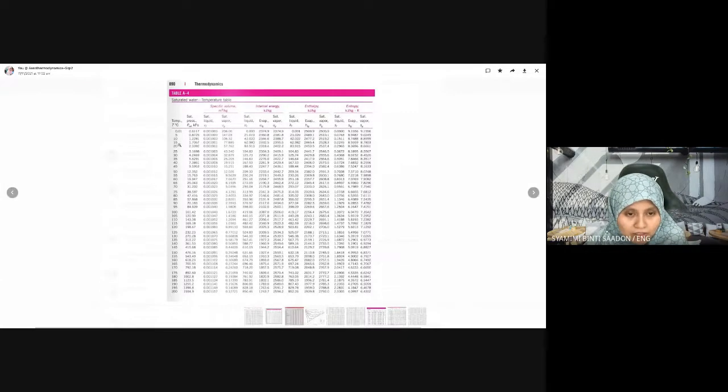So we look at the temperature. We don't look at the saturated pressure because we don't know the saturated pressure at that point of the water. The water is not at the saturated point. So we just know the temperature, 15 degrees Celsius. At 15 degrees Celsius, the water in liquid state is 62.982.